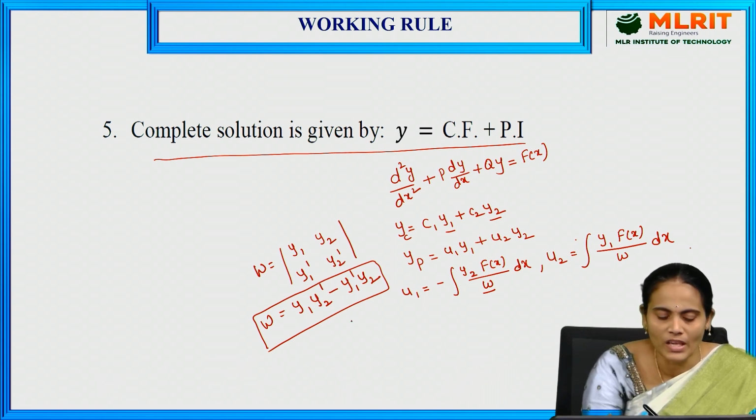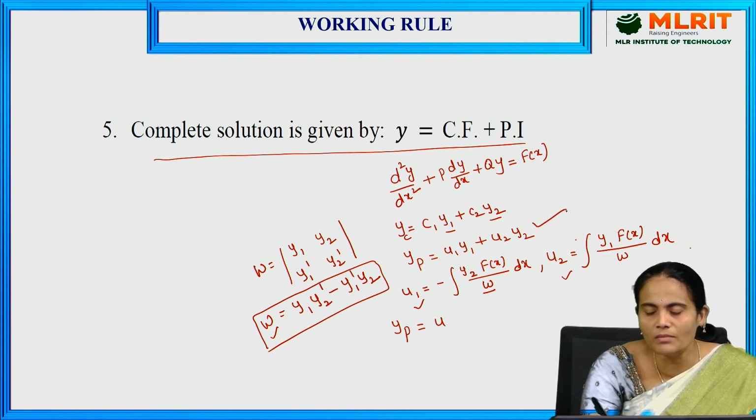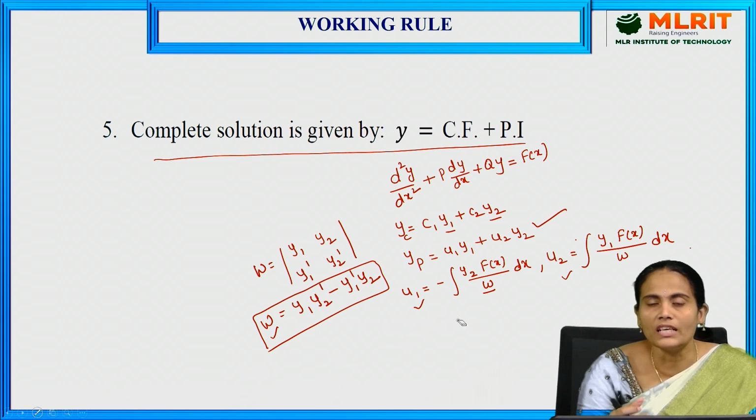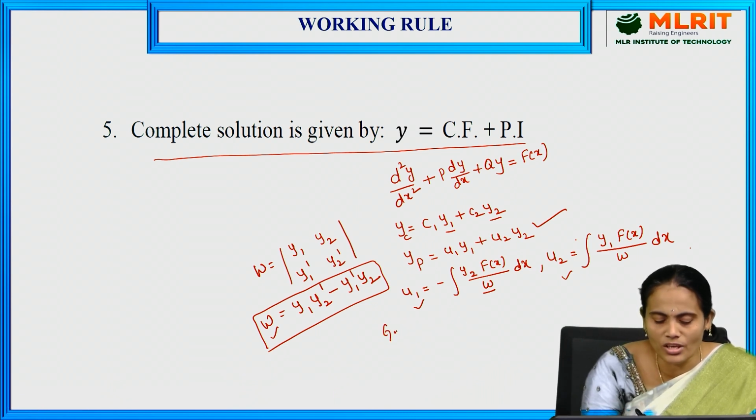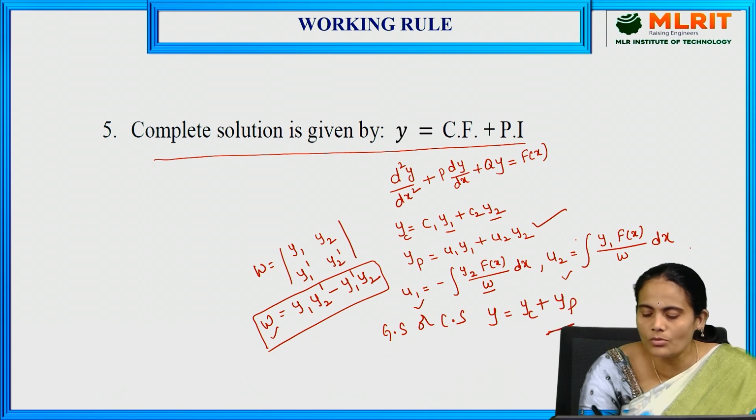After finding this w, u1 and u2 values, you have to directly substitute in the particular integral. So the particular integral yp is equal to u1 y1 plus u2 y2. After getting this particular integral, finally we have to write the general solution, or the complete solution, given by y is equal to yc plus yp.